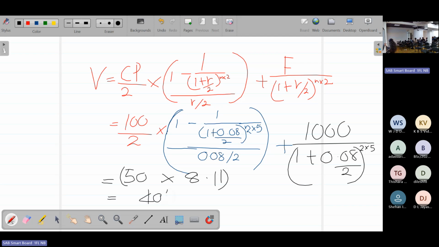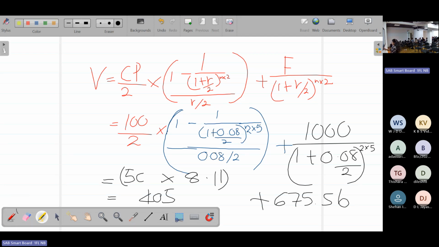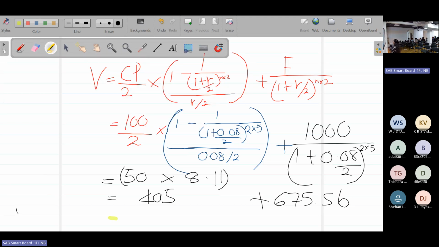The first part of this formula is equal to 405 plus 1000 divided by 1 plus 0.04 to the power 10, which is 675.56. Both together equals 1080.